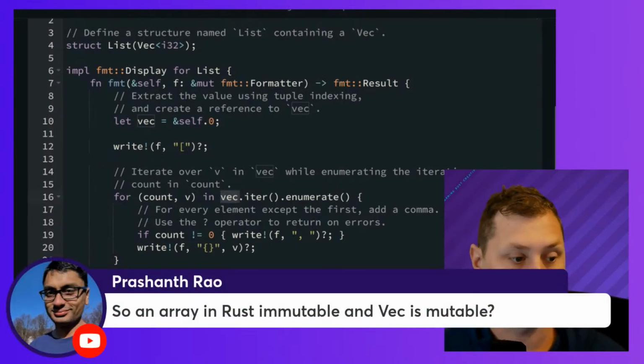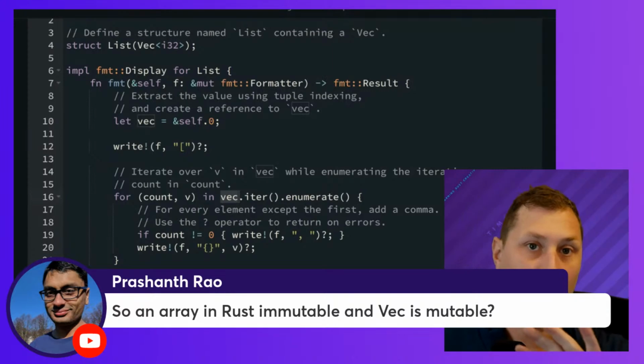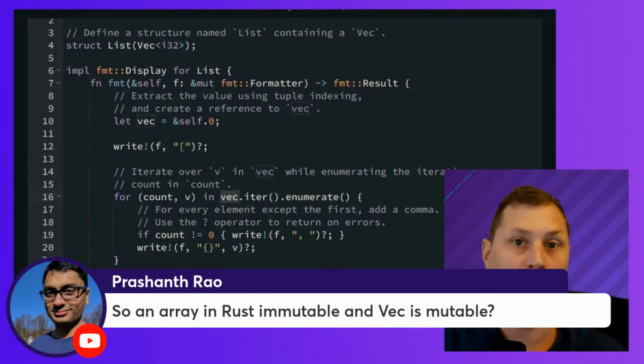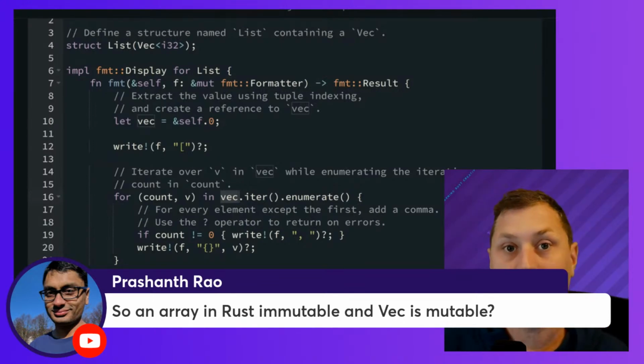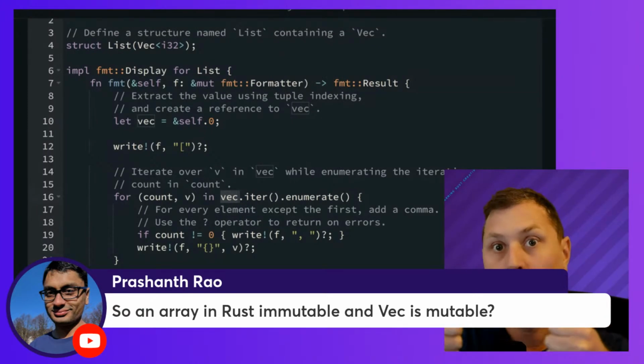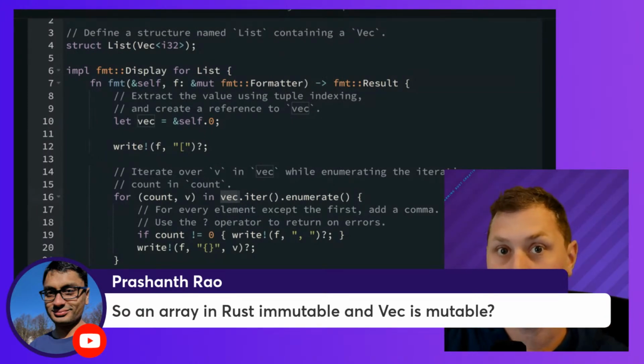So there was a really good question around whether or not a vector is mutable versus an array. Mutability is slightly different. A vector can grow and shrink. Arrays are also mutable, or at least you can opt into mutability and alter the contents, but you can't actually shrink or expand the array.